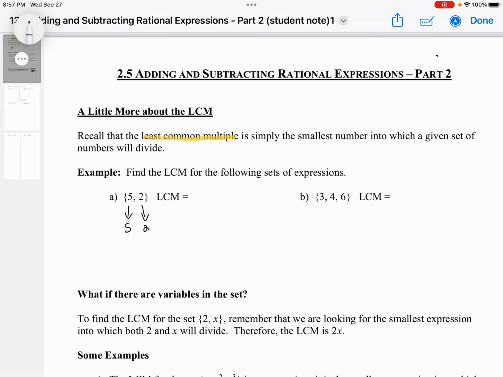So the lowest common multiple is 5 times 2, which is 10. I don't want to discount that move. That move is a perfectly good move, but only if the numbers have been factored and brought down to their primes. So for instance, 3, 4, and 6, if I multiply those all together, I get 72, which is a common multiple, but it's going to make all the numbers too big.